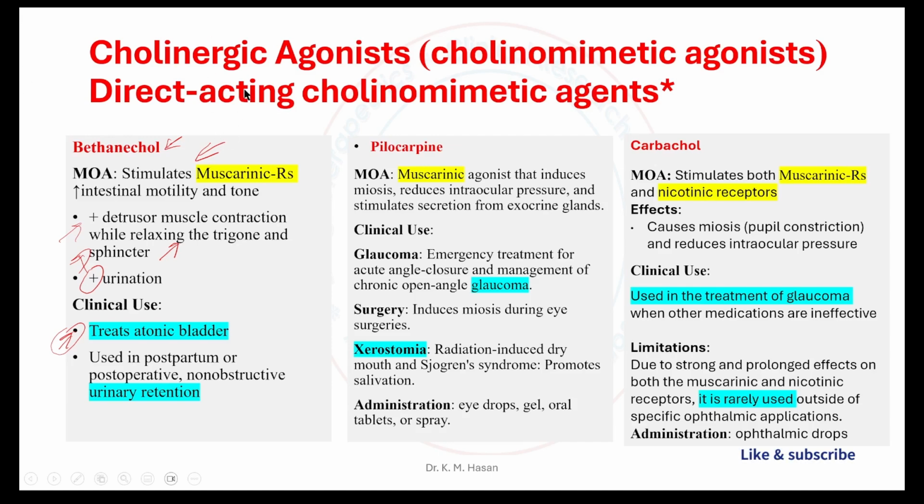It is very important to remember that we can use it in postpartum or postoperative non-obstructive urinary retention. It helps the patient to urinate and expel urine from the bladder.